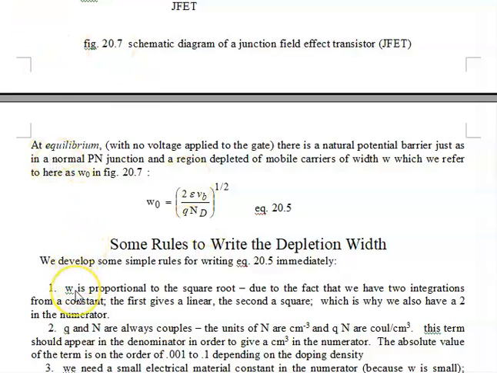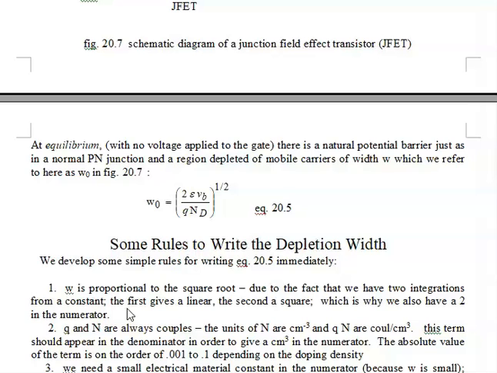The first rule is that W is proportional to the square root, and the reason is there are two integrations from Poisson's equation. We're starting from the fixed charge concentration rho. We integrate once to get electric field. We integrate twice to get the voltage.